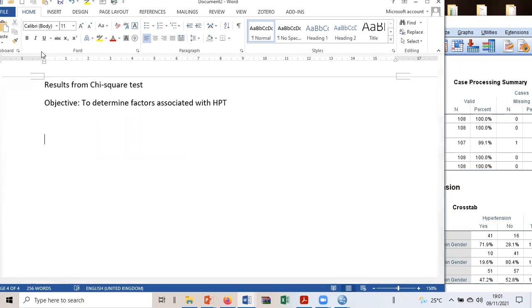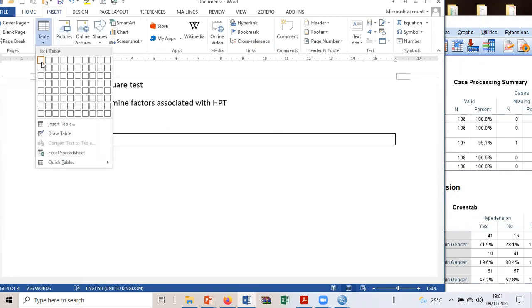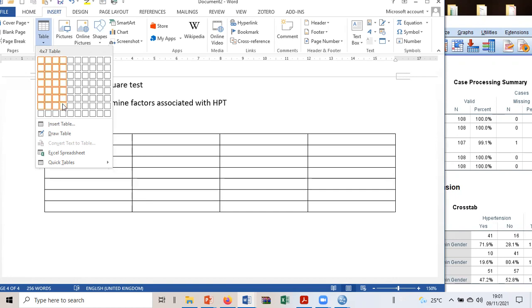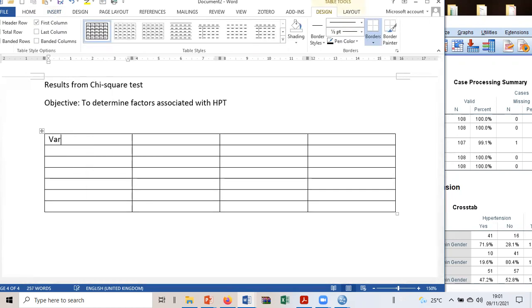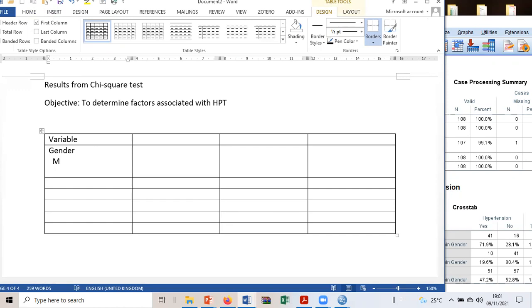Insert a table. All right, several columns. Variable, gender, male, female. Hypertension.